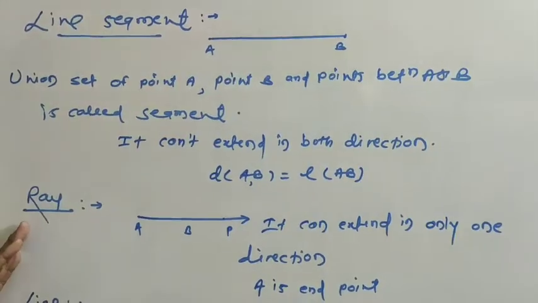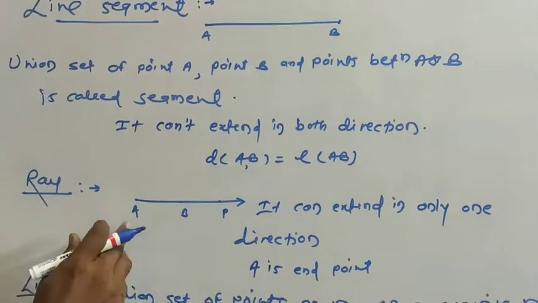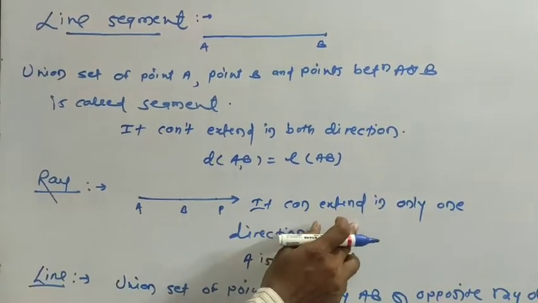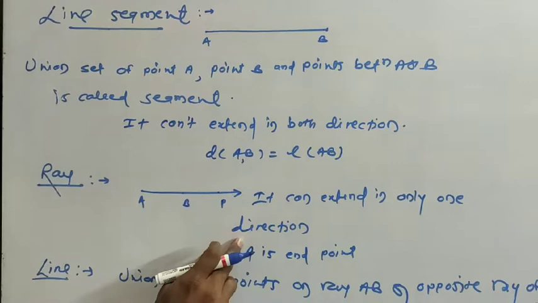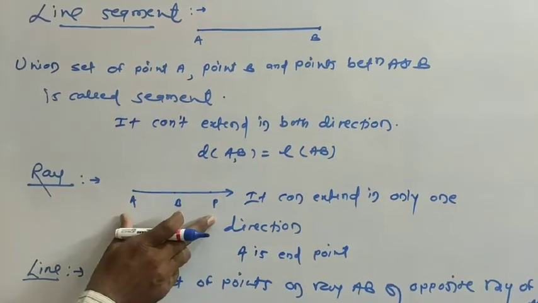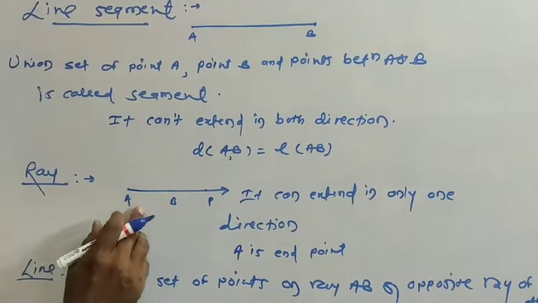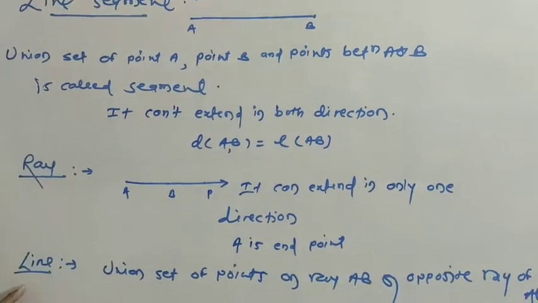Now, ray. See this figure. It can extend in only one direction. A is the end point. Therefore, it is called ray AB. Then line.